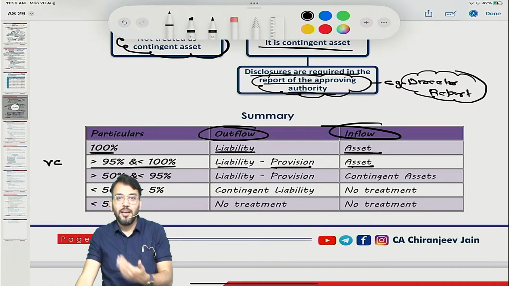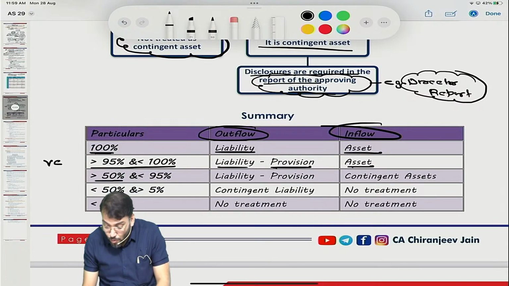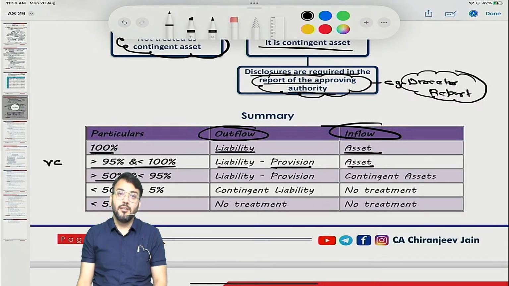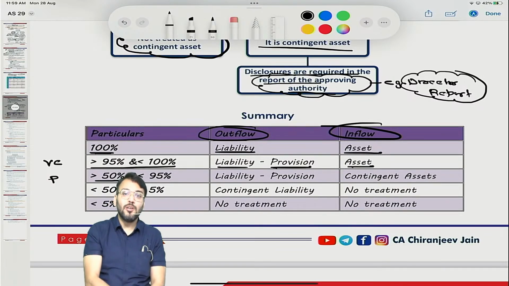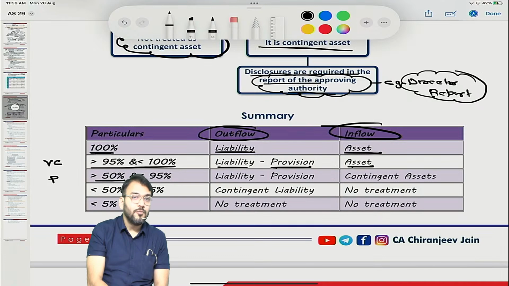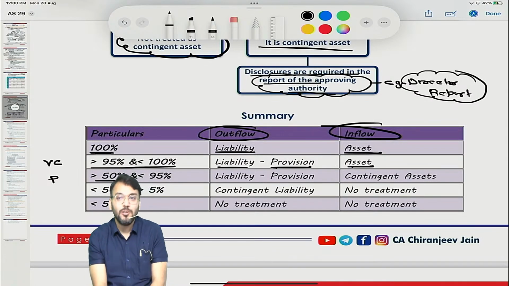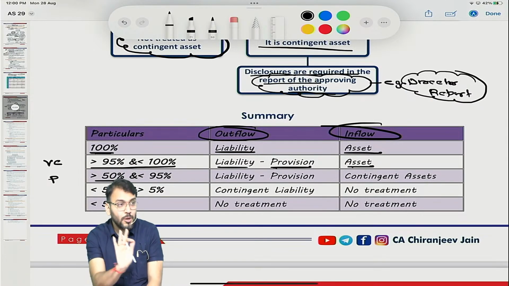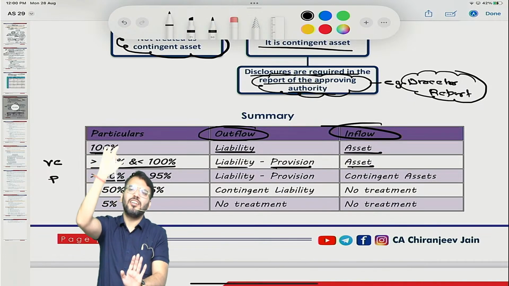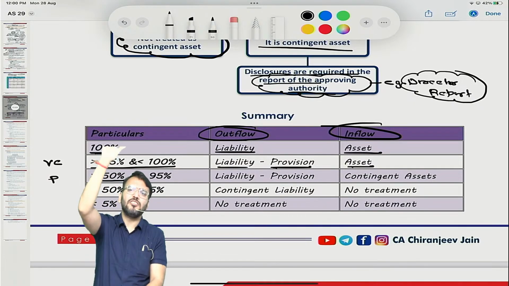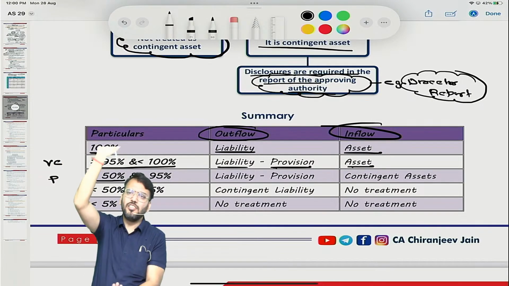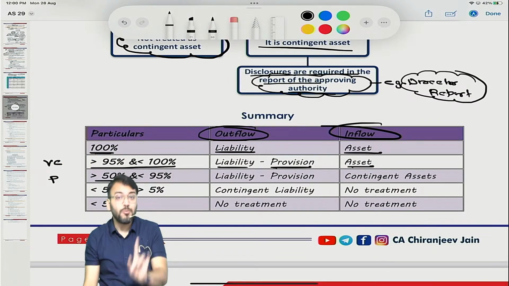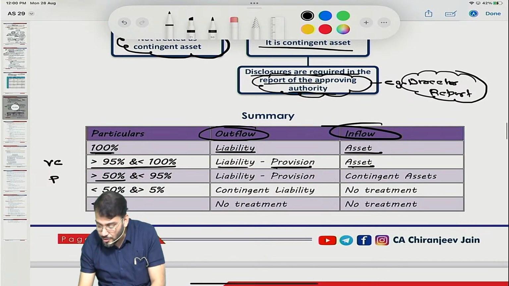Now the difference will arise. If I am saying more than 50%, then it is probable. For outflow, if it is probable, then what will we do? Probable means I am assuming that all other conditions are satisfied, meaning there is a present obligation arising from a past event and an estimate can be made. So if outflow is probable, then provision.